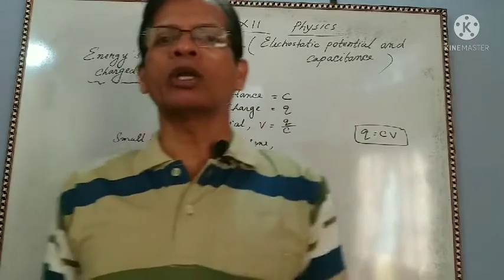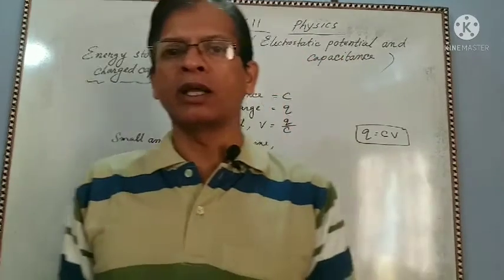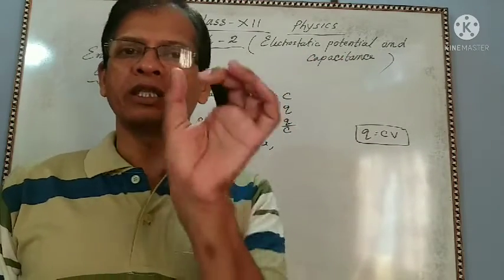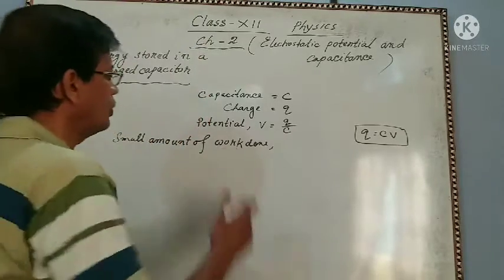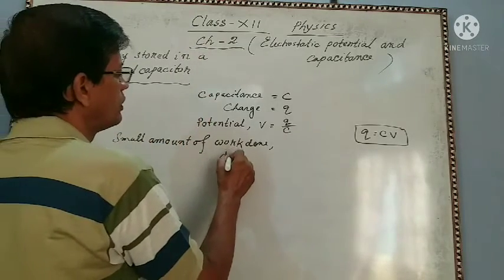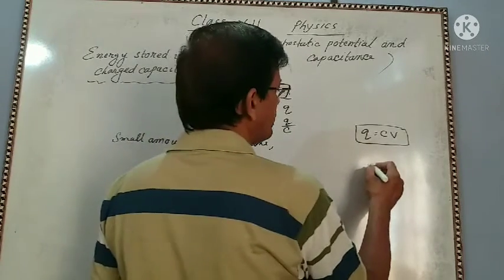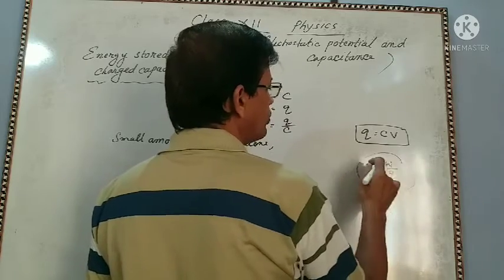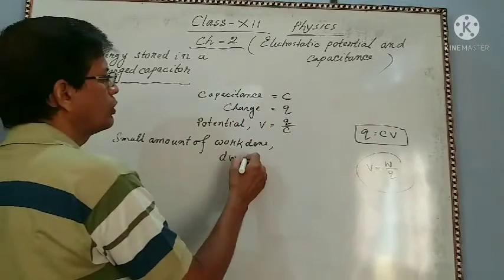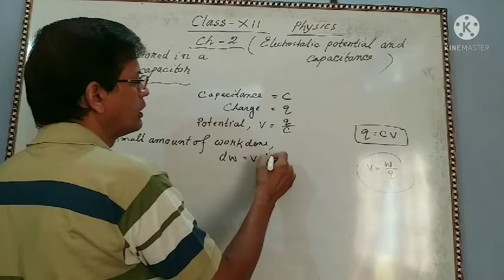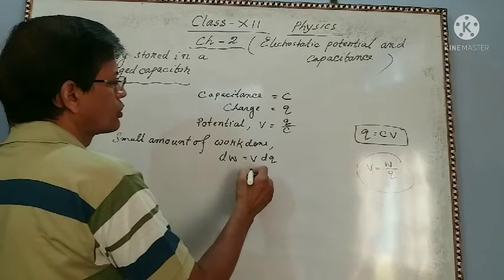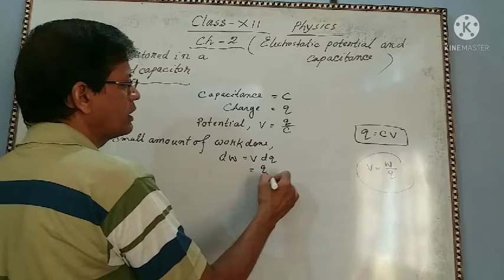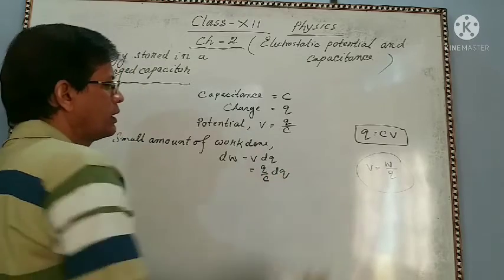We have the formula V equal to W by Q, so W equal to V into Q. So dW equal to V into dq. What is V? Q by C. So dW equal to Q by C dq.